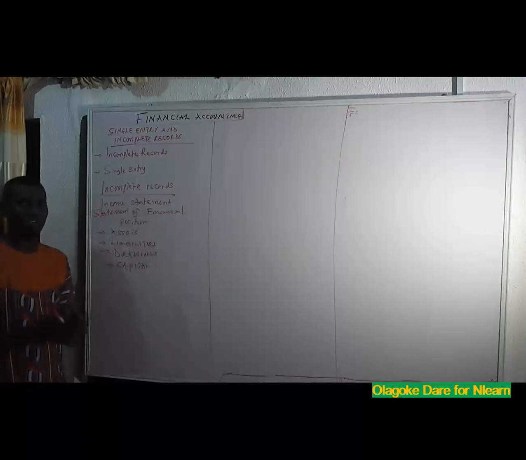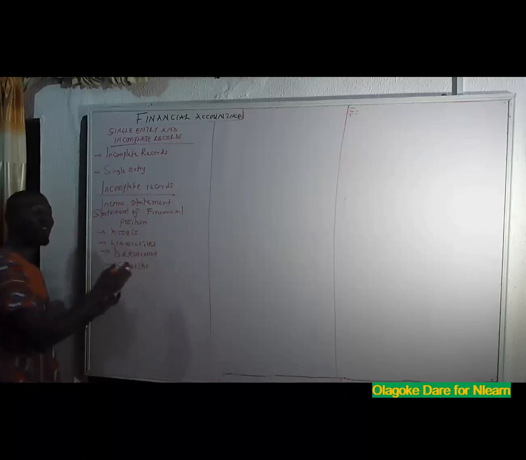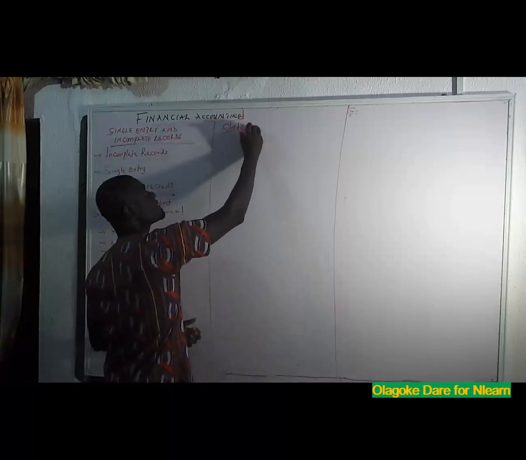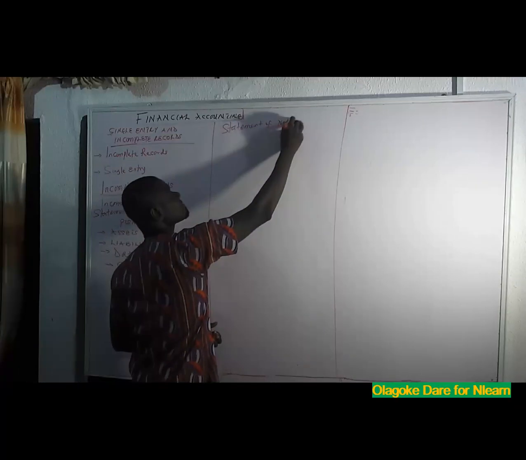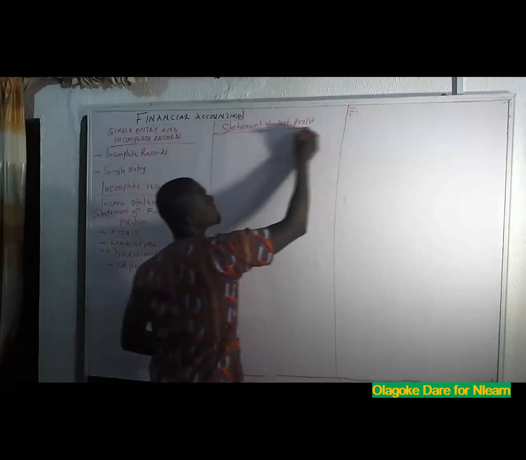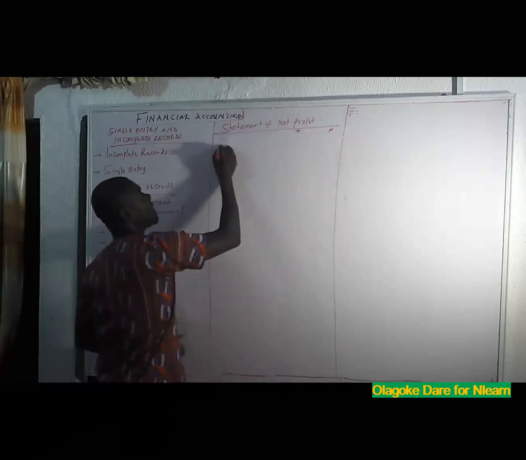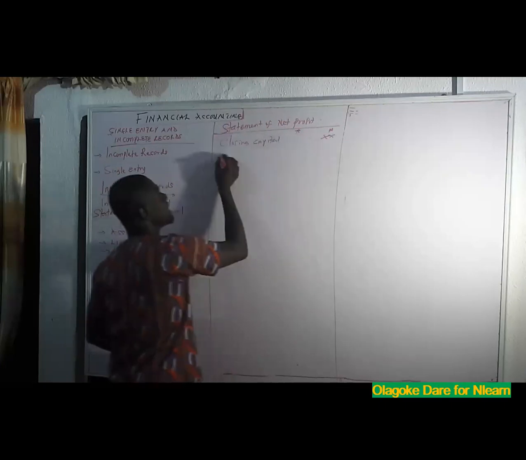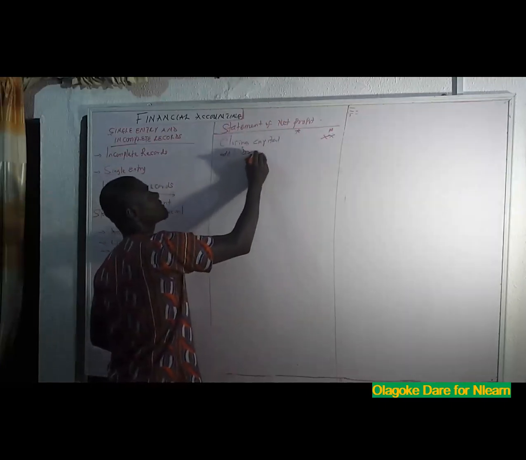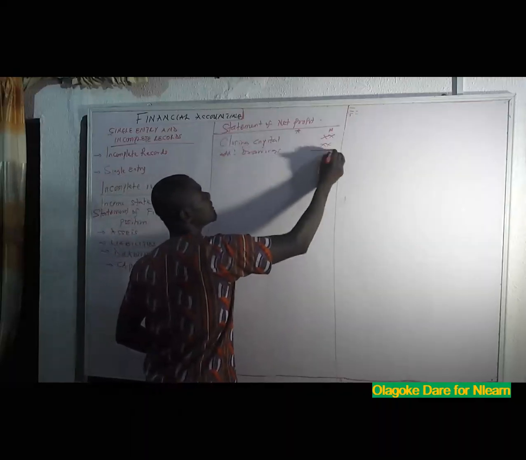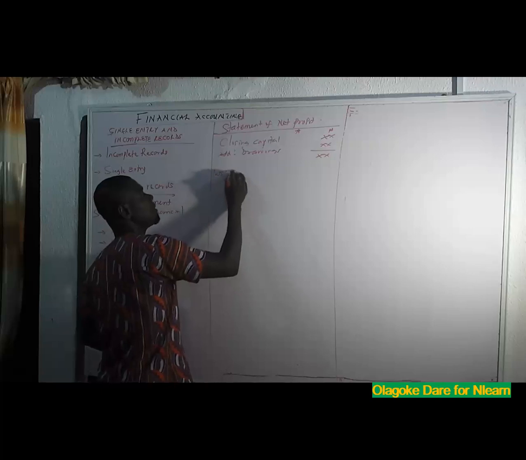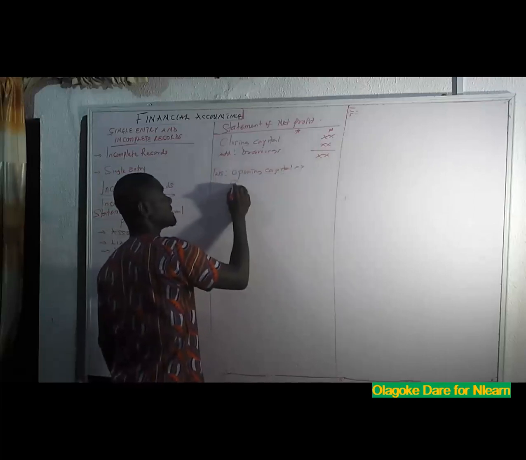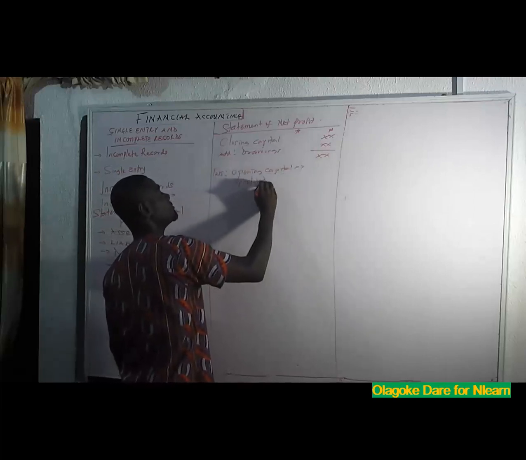So how do you correct incomplete records? In order to determine profit or loss from incomplete records, we prepare a statement of net profit. It is prepared like this. We have our closing capital, we add drawings to it, then we less opening capital and any capital introduced.